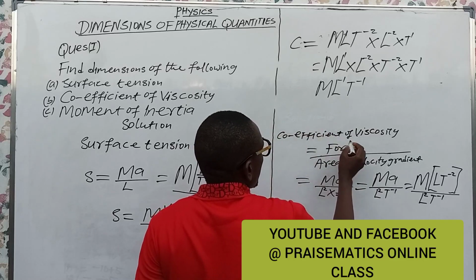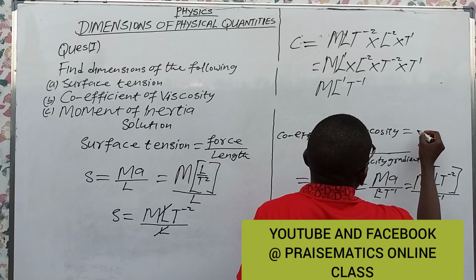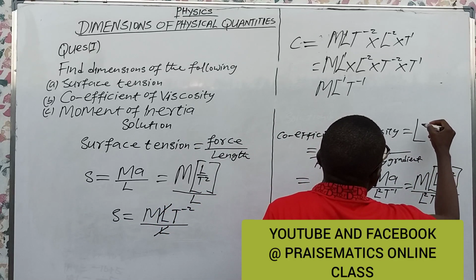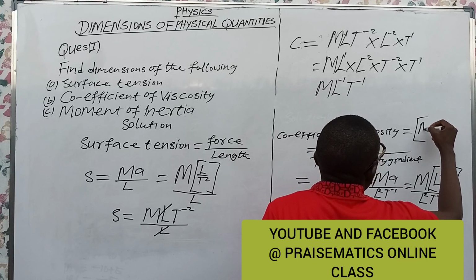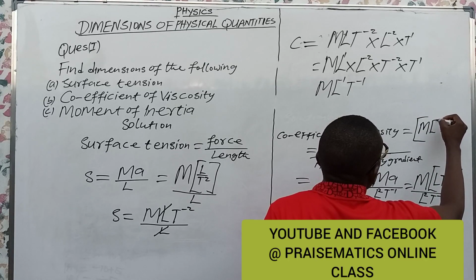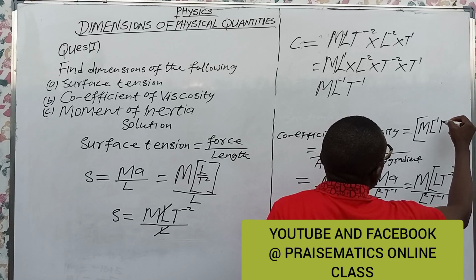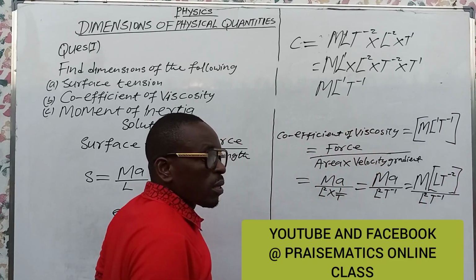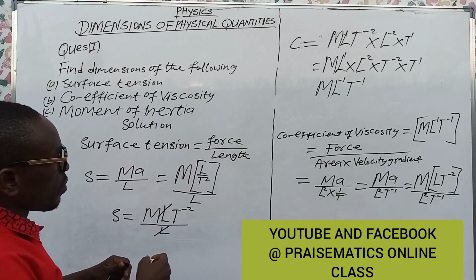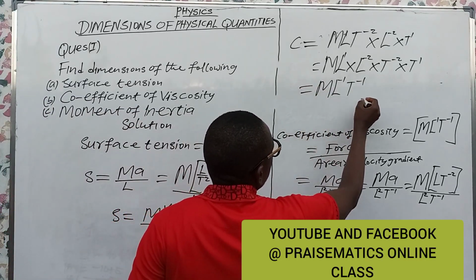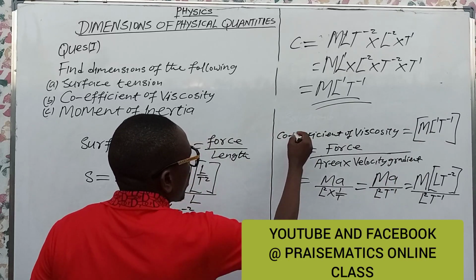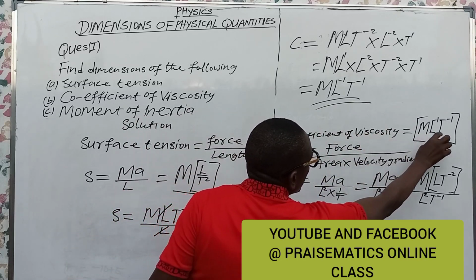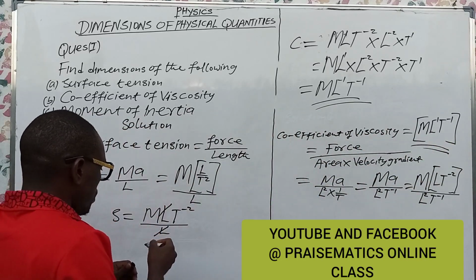So the dimension of our coefficient of viscosity is equal to M L raised to power minus 1 T raised to power minus 1, and that is the answer. So that is how to solve it. Hence you can see that the coefficient of viscosity is equal to this.